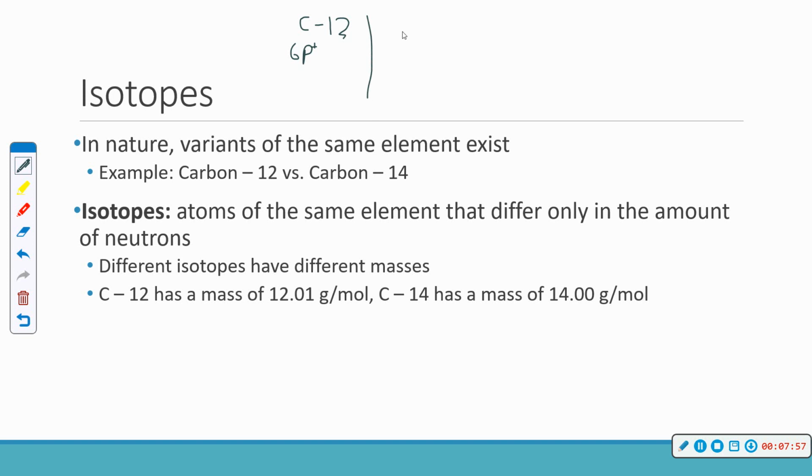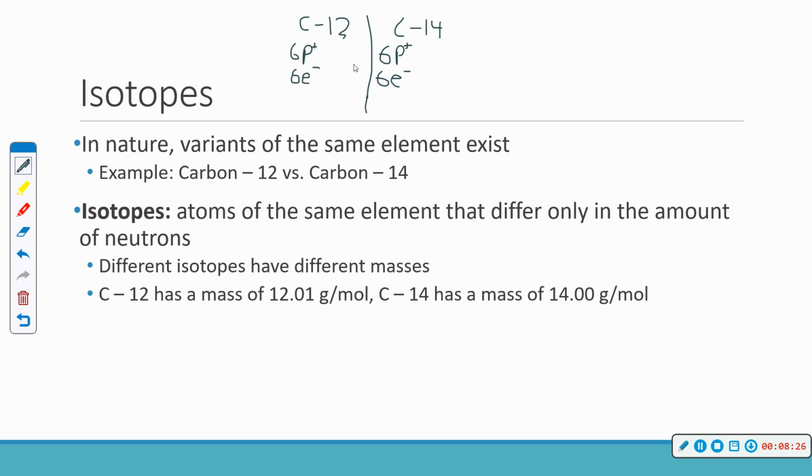Carbon-14 is still going to be carbon, and every single atom of carbon has an atomic number of 6, which means that carbon-14 also has 6 protons. Carbon-12 needs to have 6 electrons in order to balance out the charge of the 6 protons, as does carbon-14. It's going to need 6 electrons in order to balance out the charge of the 6 protons.